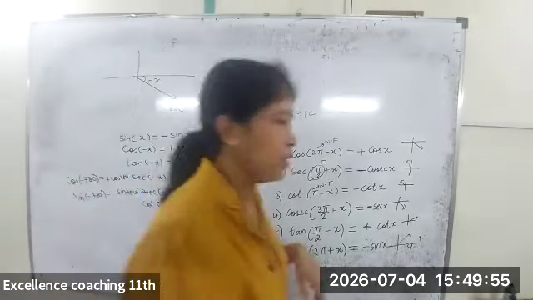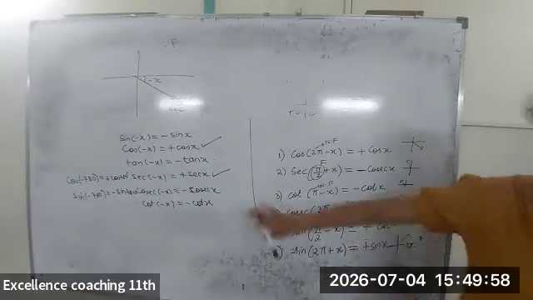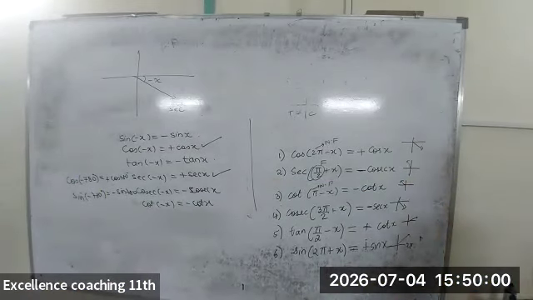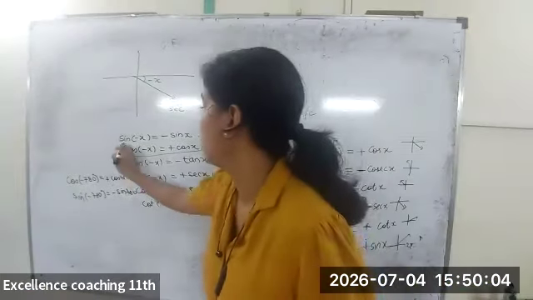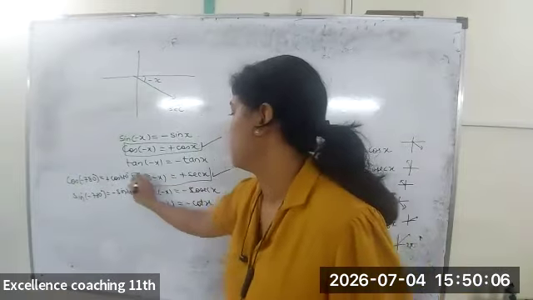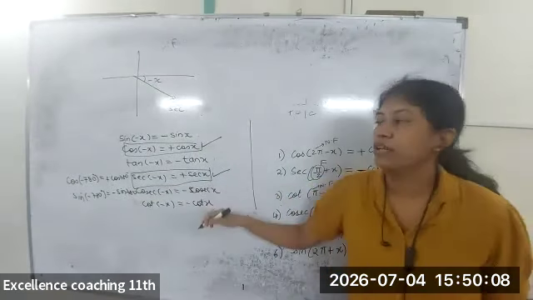Okay. So based on this, now we'll solve the problem. So write this also and keep it about the negative angles. Only cos and sec are positive. Rest all will be negative.